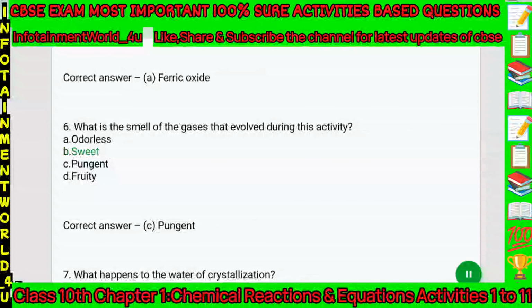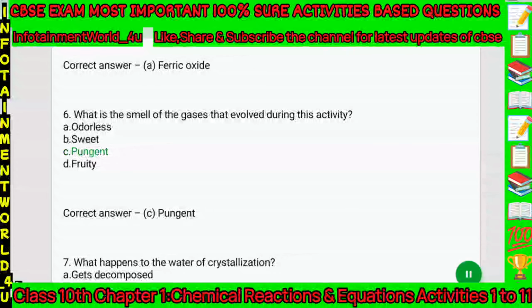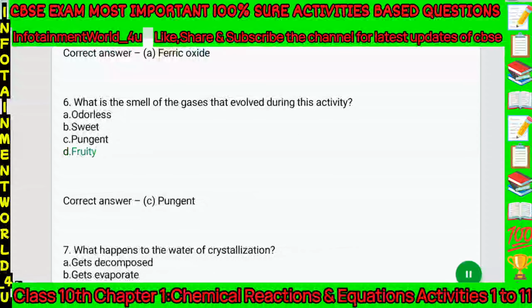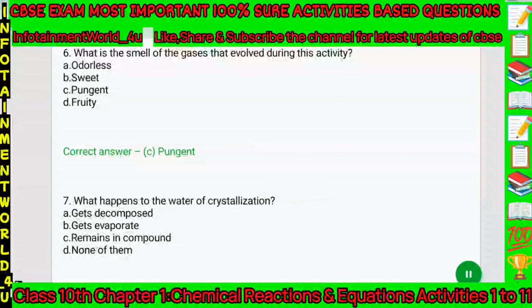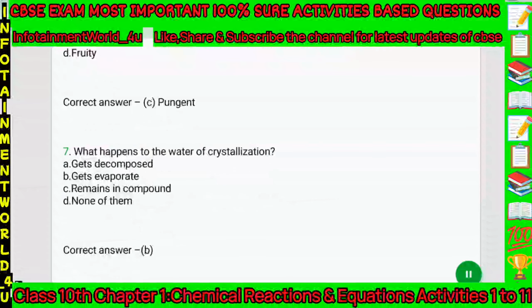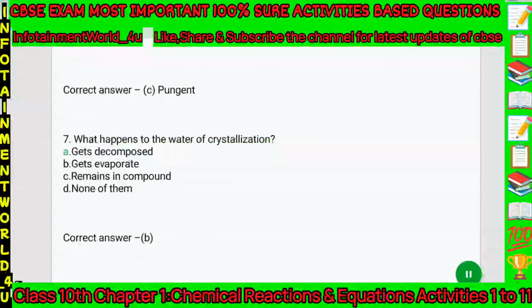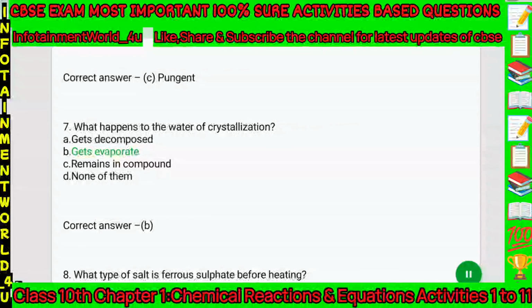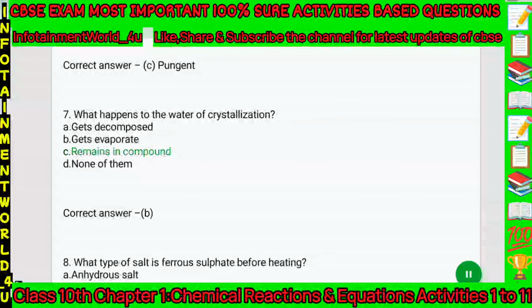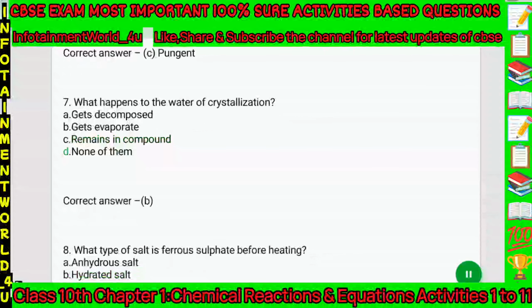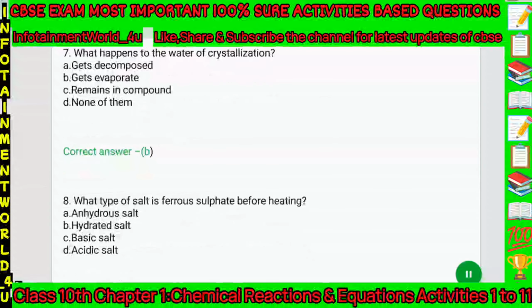B. Sweet. C. Pungent. D. Fruity. Correct answer C. Pungent. 7. What happens to the water of crystallization? A. Gets decomposed. B. Gets evaporated. C. Remains in compound. D. None of them. Correct answer B.